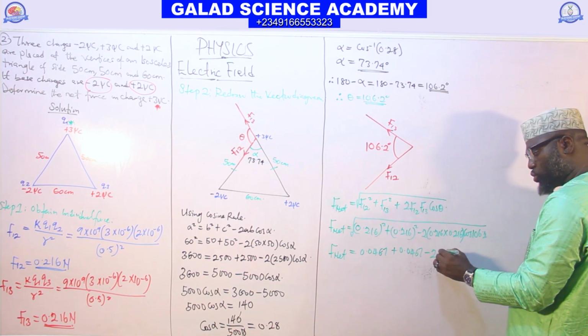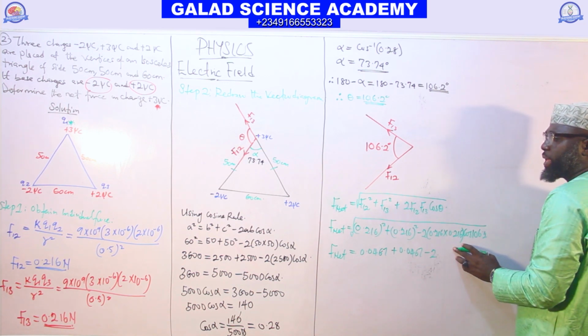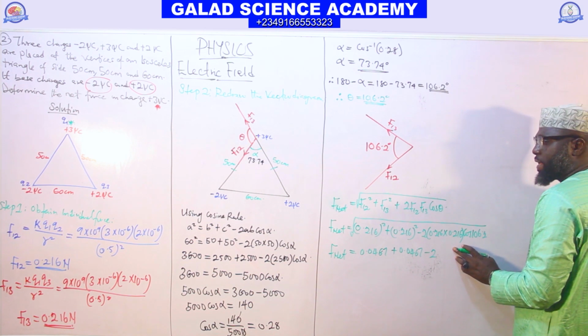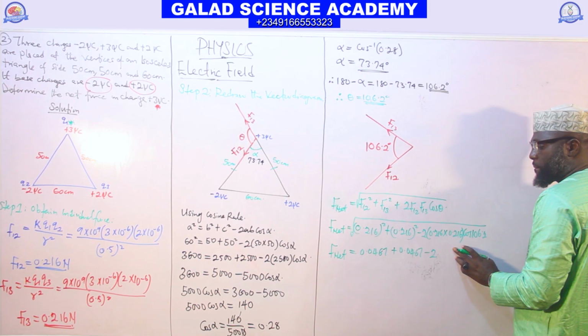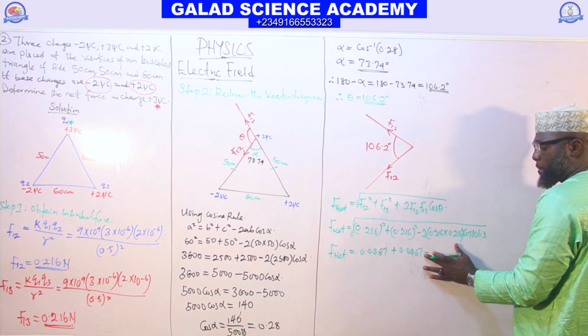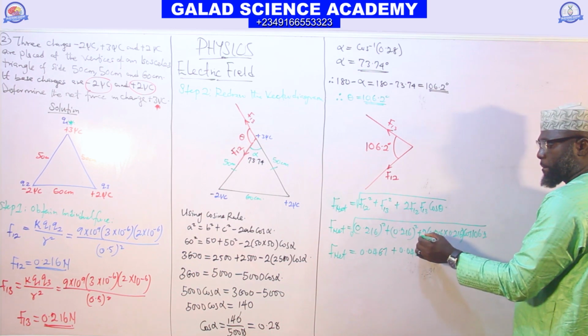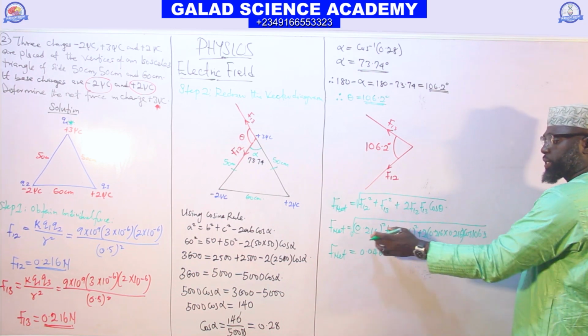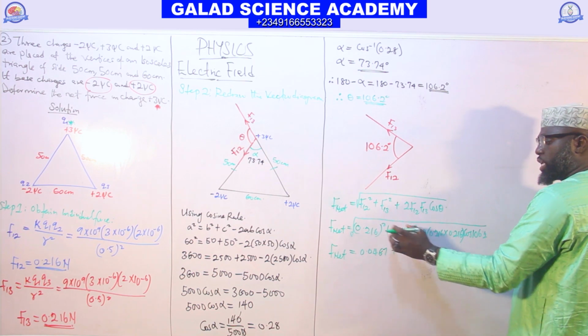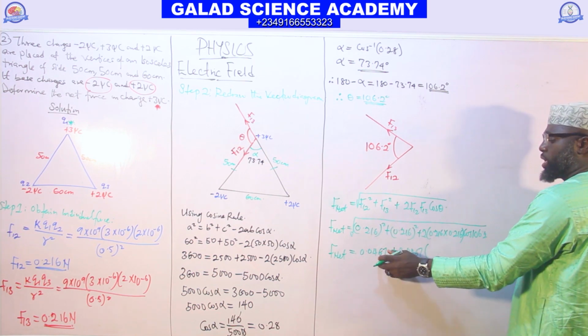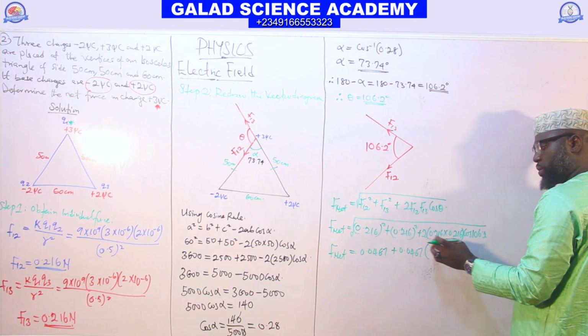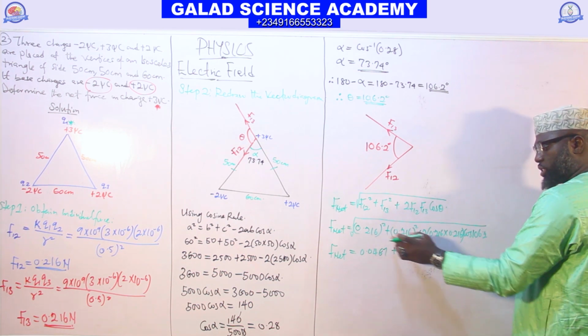Minus 2 multiplied by everything you have inside here. Add this, square this, and add it together to give you this. Square this, multiply by 2 to give you this, the same.